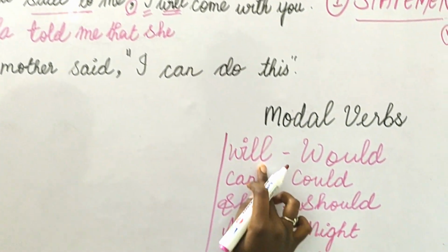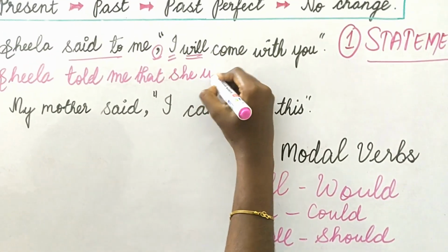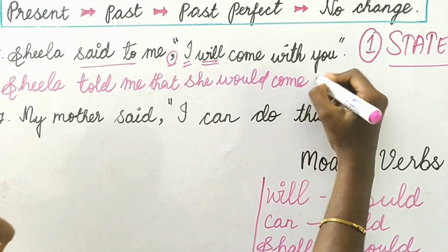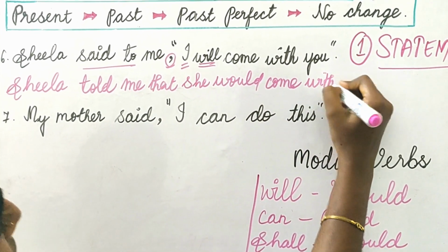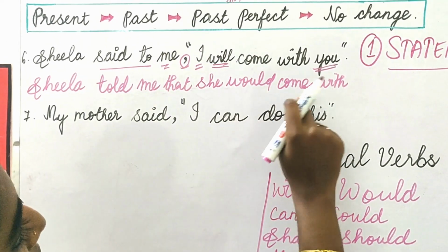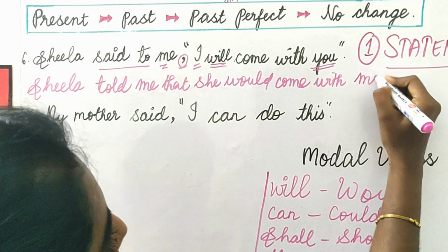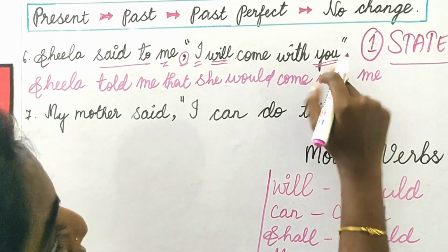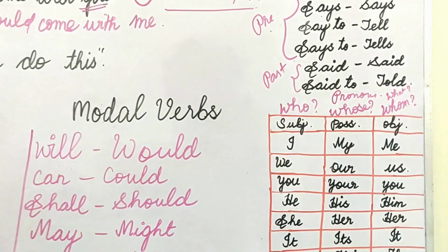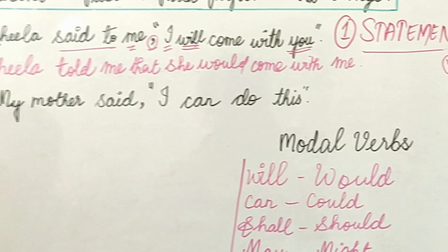What is the past tense of will? It's would. She would come with. This "you" refers to me. That she would come with me. Object's place. With whom? It answers the question whom. So with me. Understood? Coming to the next example.